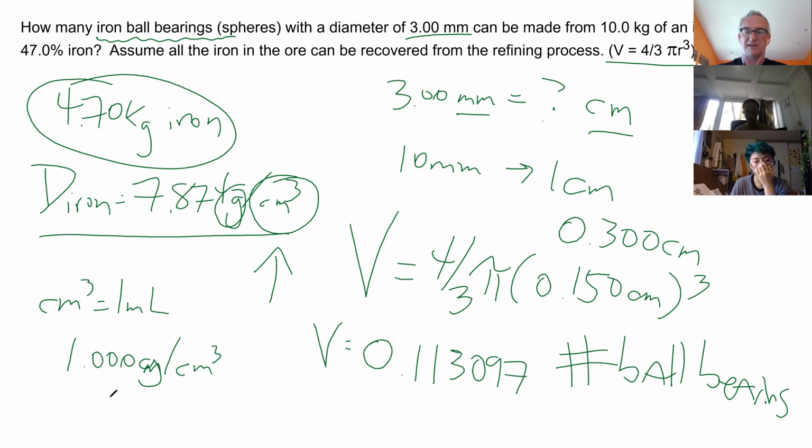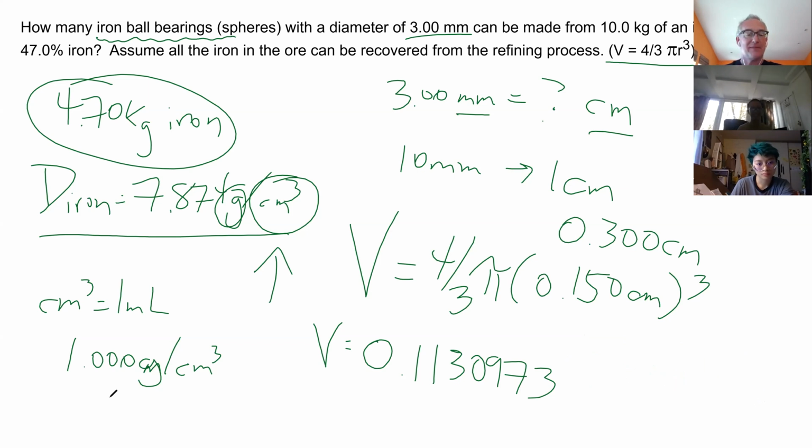That's probably enough. Like I say, keep digits, but probably don't need that many, especially if I have to write them down. If I'm just doing it on the calculator, that's fine. And so what's my unit?